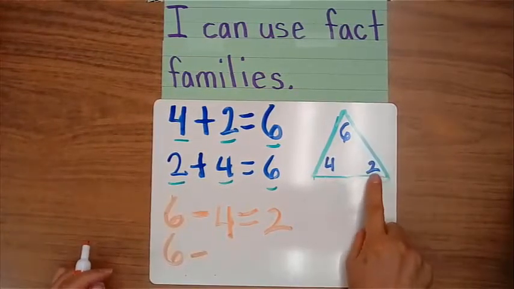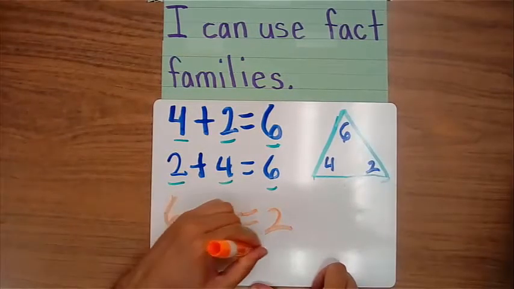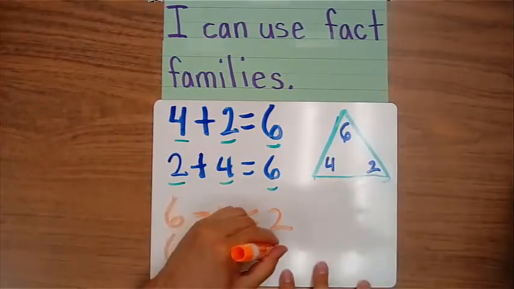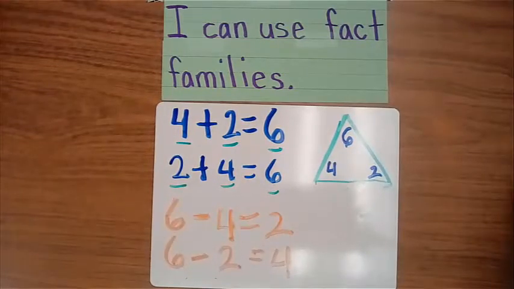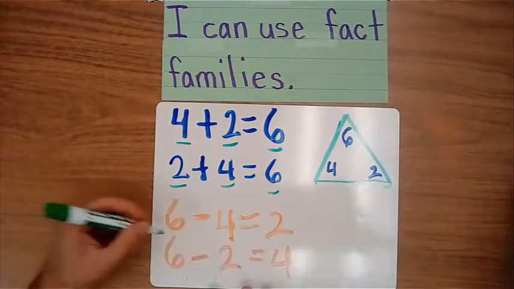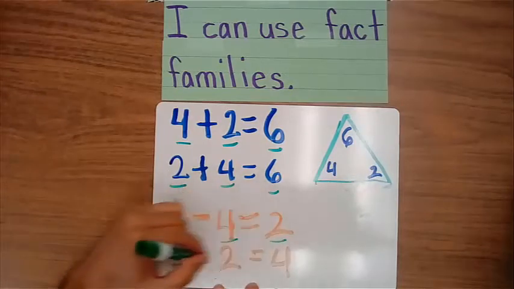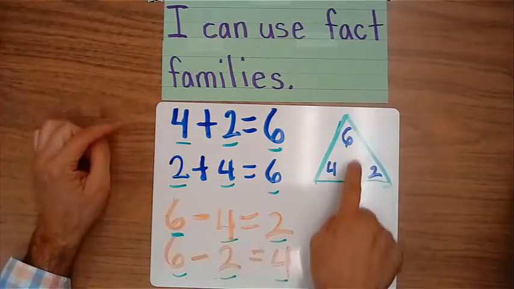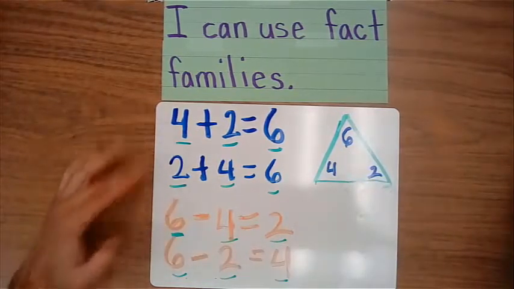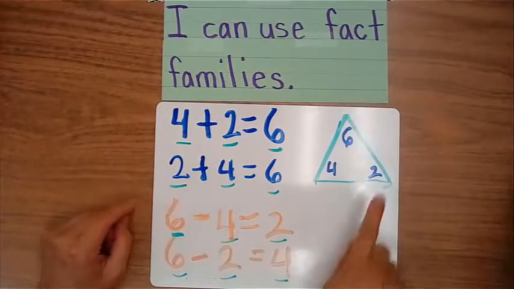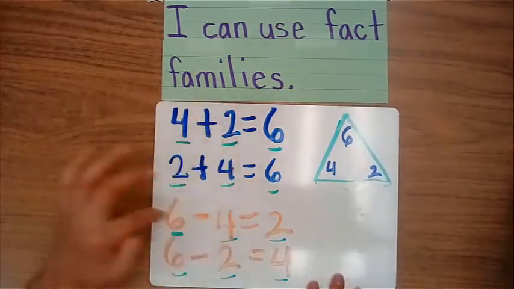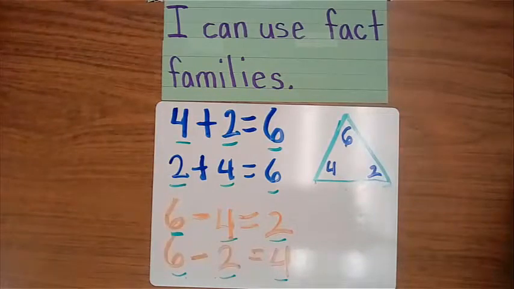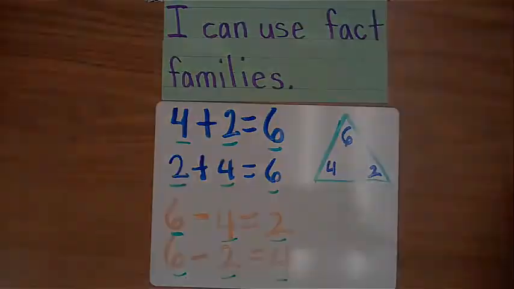Instead of 4, I could say minus 2 equals 4. Okay, so these 4 number sentences are called a fact family because I only use the same 3 family members to make all 4 of these sentences. The 4, the 2, and the 6 are the only numbers that I used in all 4 sentences. That's why they are related and they're fact families.